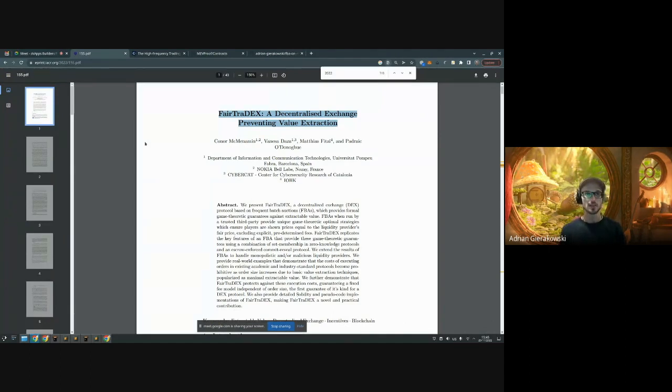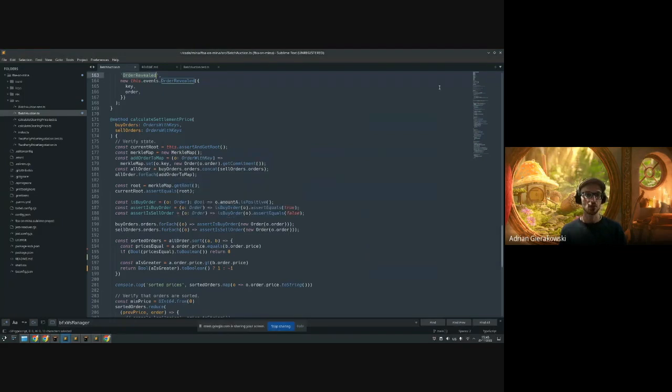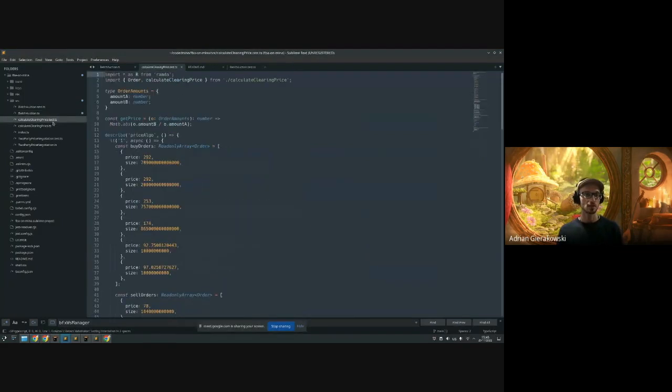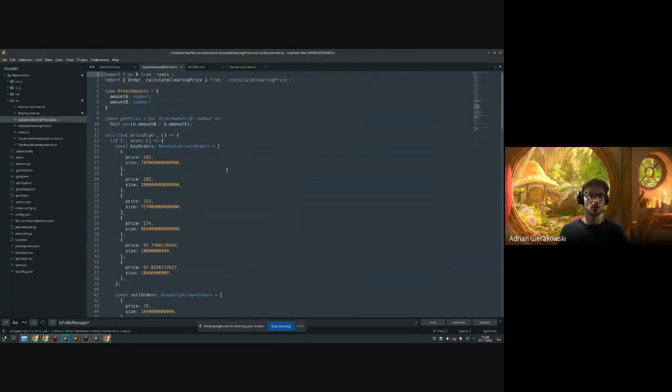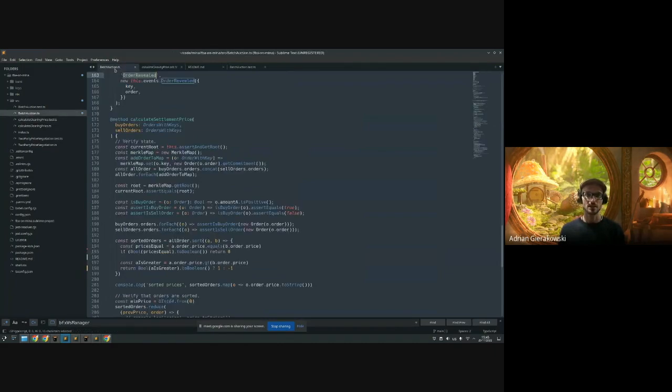And I copied some implementation for their calculation of clearing price, which is in JavaScript, adapted it a little bit, and then started thinking, okay, how do I now implement this in Snarky? So I started doing it.